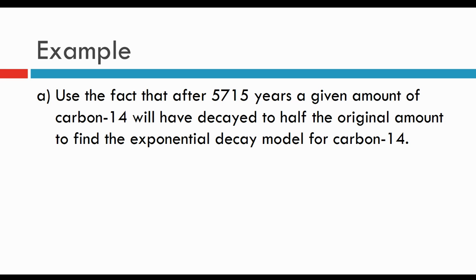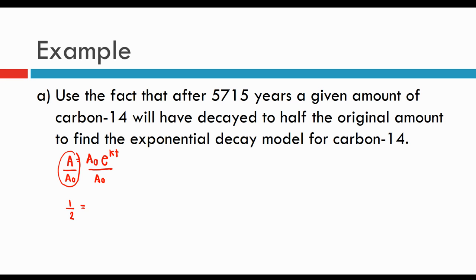Remember, our model for growth and decay is that A equals A sub O times e to the kt power. I'm talking about having a half-life, which means I don't really need to know what A and A sub O are, because when I start to get that base of e by itself, I have to divide both sides by A sub O. If we're talking about half-life, that division is going to turn into a half.